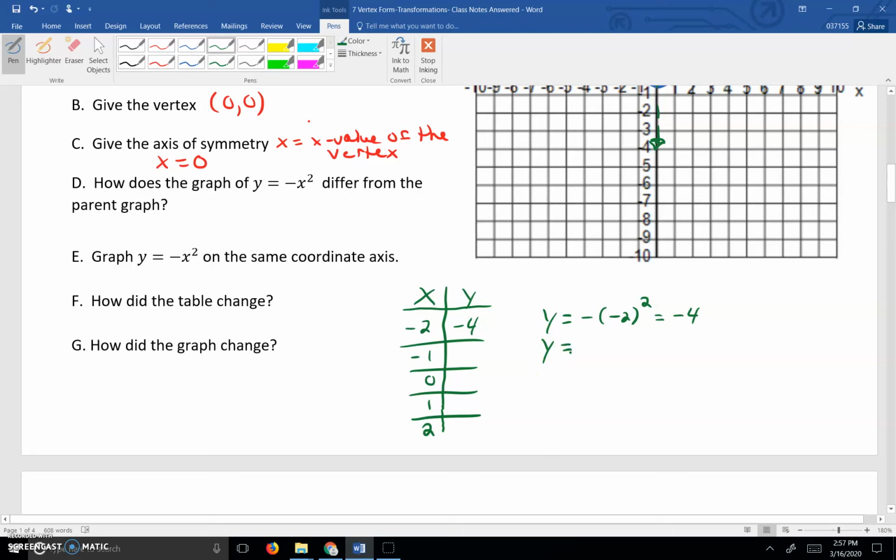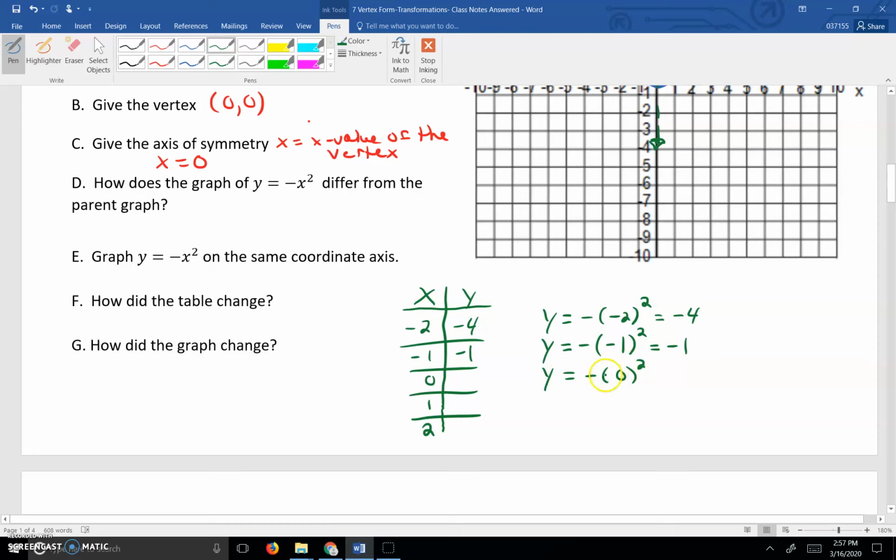Then, same thing with -1. I have the negative of 1 squared, which is +1, and the negative of that is -1. I have the negative of 0 squared next. Anytime I multiply 0 times anything, it's 0.